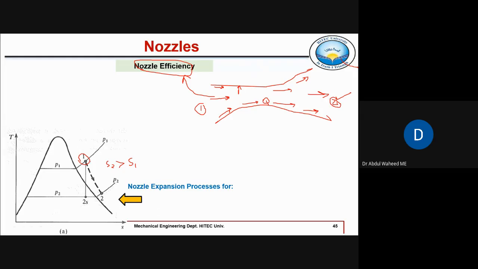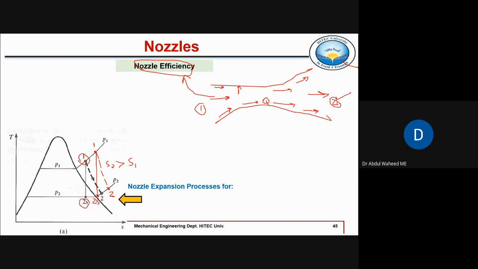Actually, there could be a situation where point one is here. You are starting from here, and point 2s would also be here in the superheated region, and then point 2 will be somewhere here. So it's not necessary that point 2s will always be inside the dome. It depends on where point 1 starts.